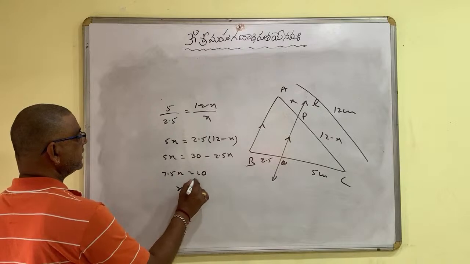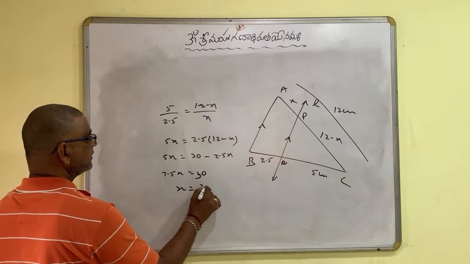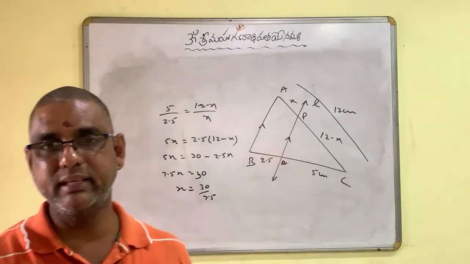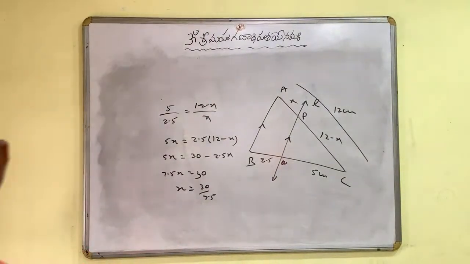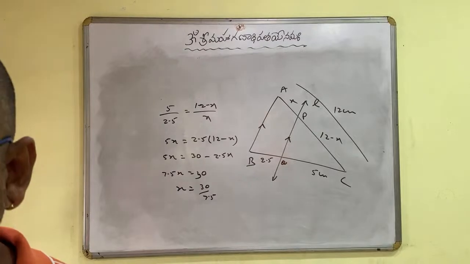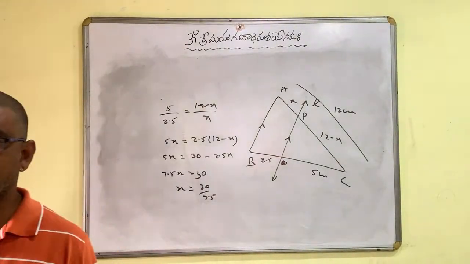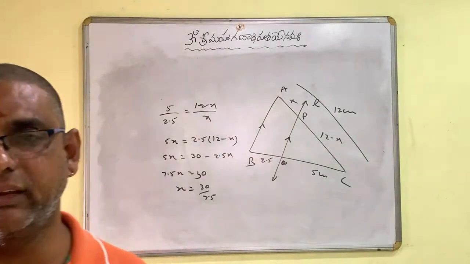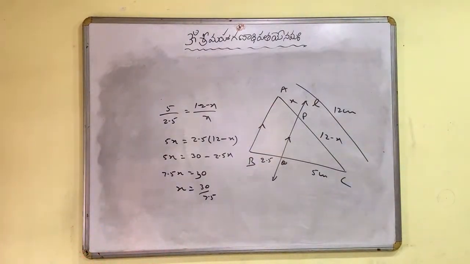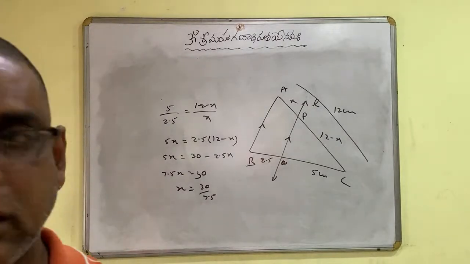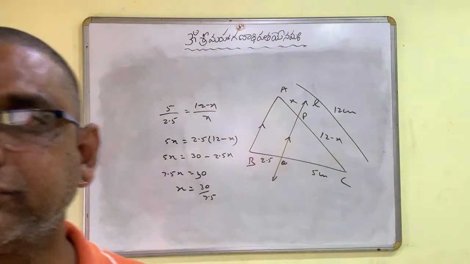Then what is x? 30 by 7.5, how much? 4 centimeters. Very good. 7.5 into 4 is 30. Okay, na? Good.